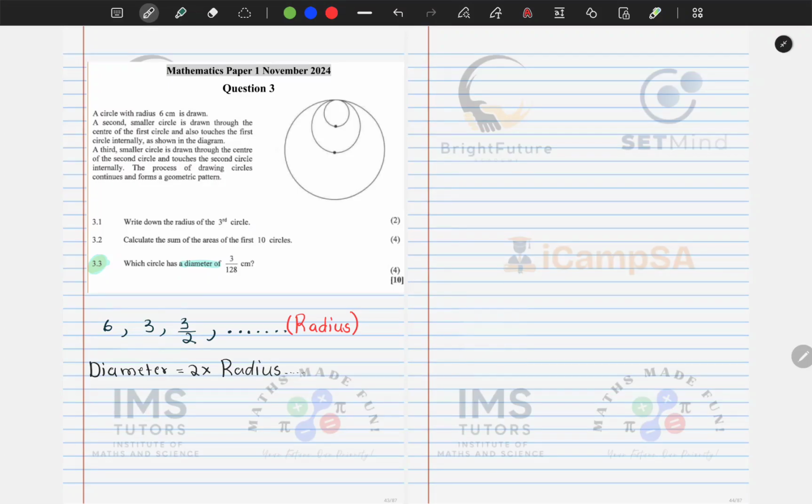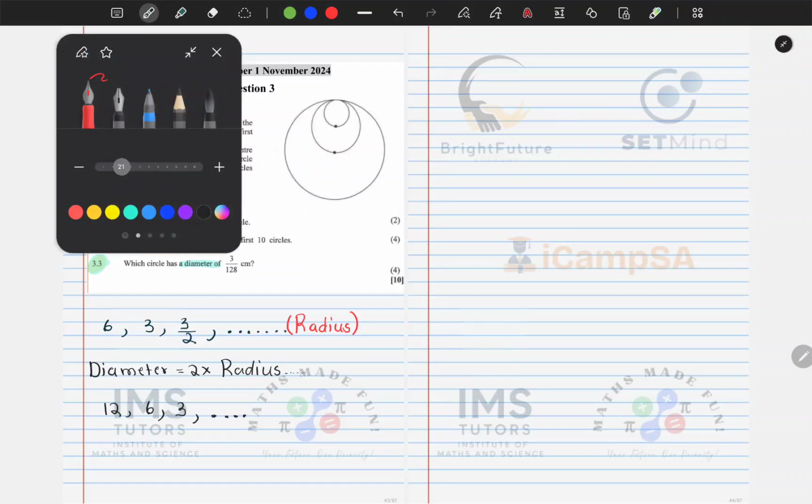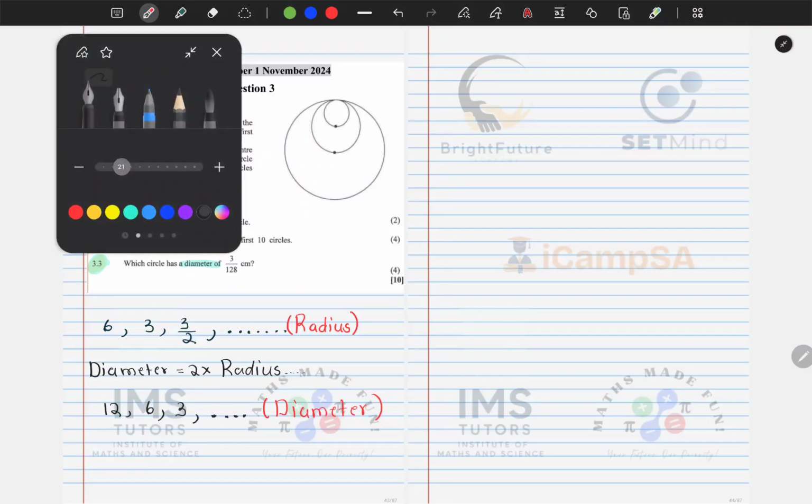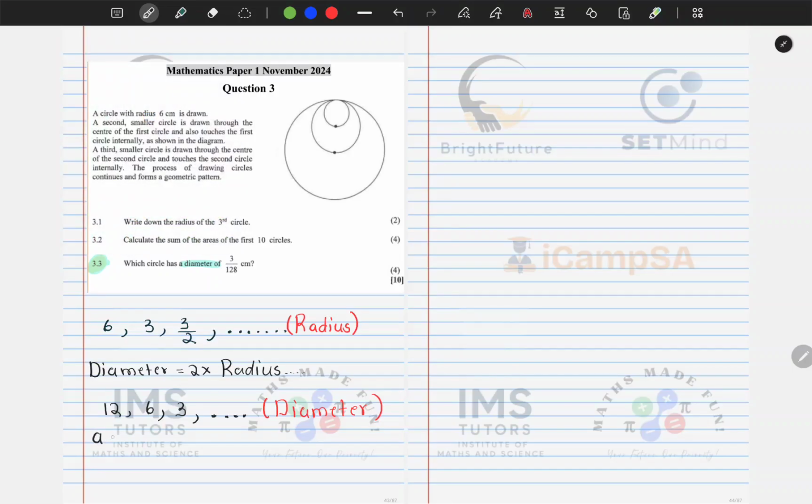So I'm going to formulate a new series, which is just going to be 2 times so that it speaks to the diameter. So I'm going to have 12, and then I'm going to have 6, then I'm going to have 3, and so on. And guess what? The series here speaks to the diameter of the circles. So I can clearly see that A will be my first term, which is 12, and R will just be 6 over 12, which will be 1 over 2.